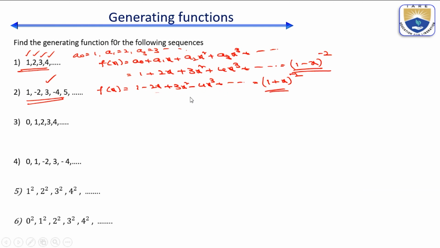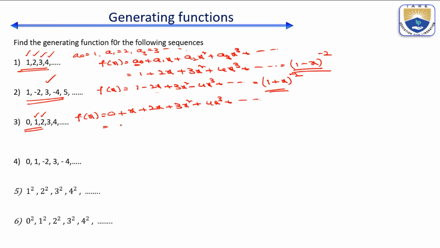Suppose I consider this sequence. First, A0 is equal to 0, so this term will be 0, and it starts with x plus 2x square plus 3x cube plus 4x power 4 plus and so on.